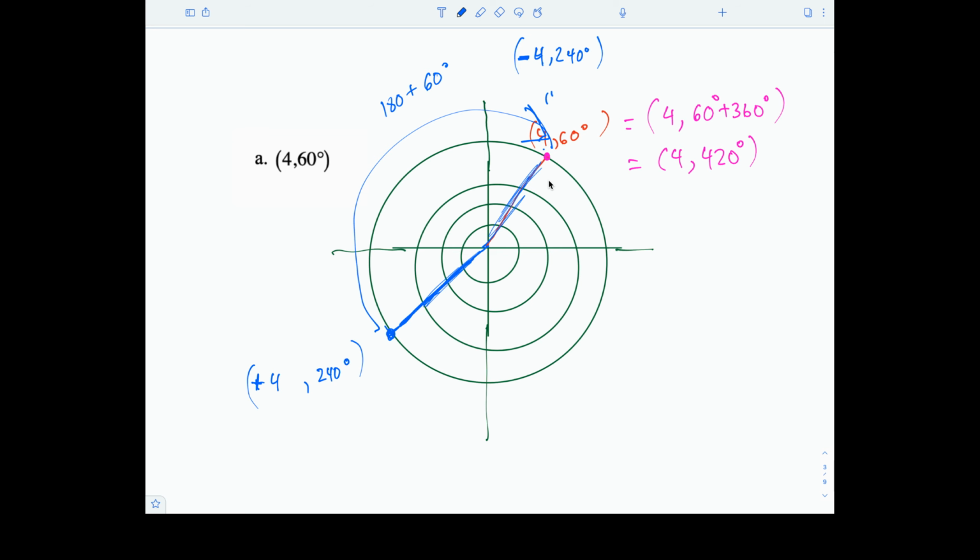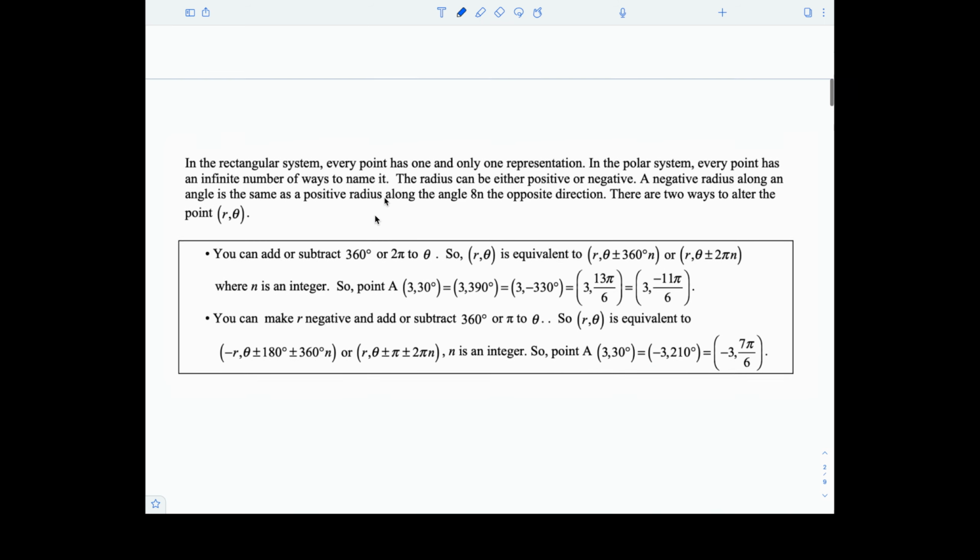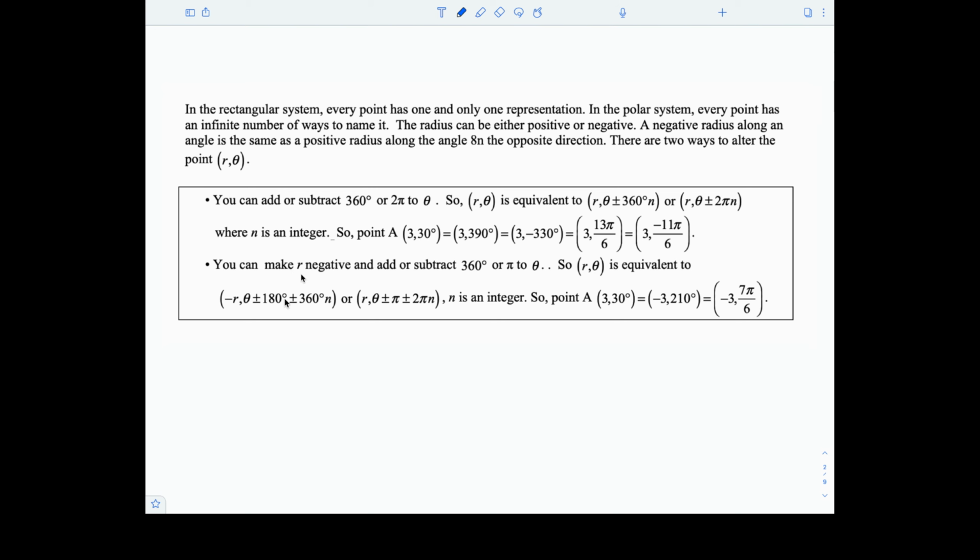Okay. So when we look back at our notes, what we can see here now is exactly just that. You can make R negative and add or subtract 360 or pi to theta, and it would generate the same thing. This is kind of written in a weird way. Basically, you can add or subtract 180 or actually 360 to it.